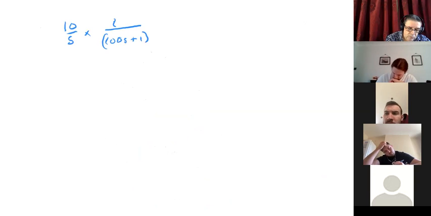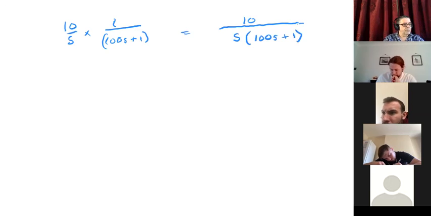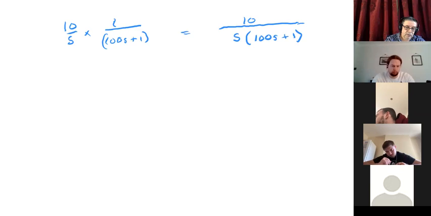Multiplying that out, we get equals 10 divided by s times 100s plus 1. Have you all followed that reasonably well? What we need to do now is use partial fractions.